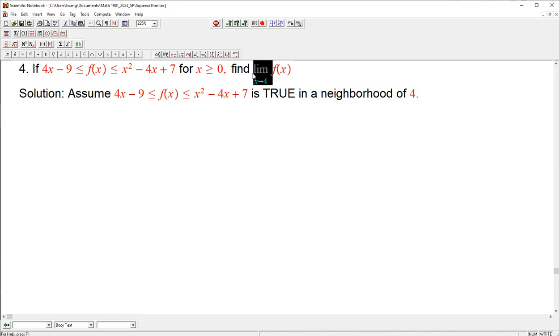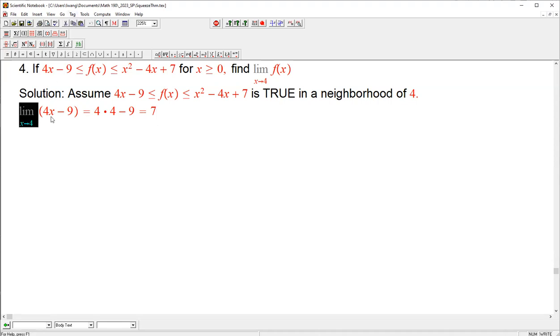We take a limit as x approaching 4 on the function that's below, which is 4x minus 9. And that would be a direct substitution because 4x minus 9 is a polynomial. So 16 minus 9, that's 7.